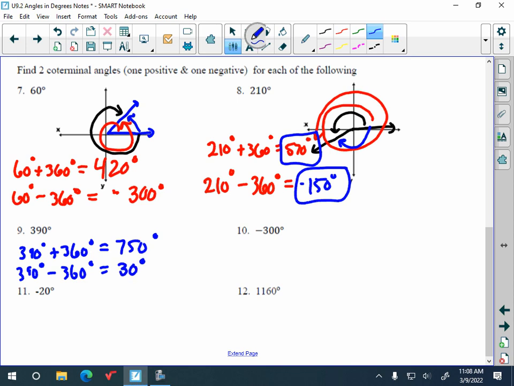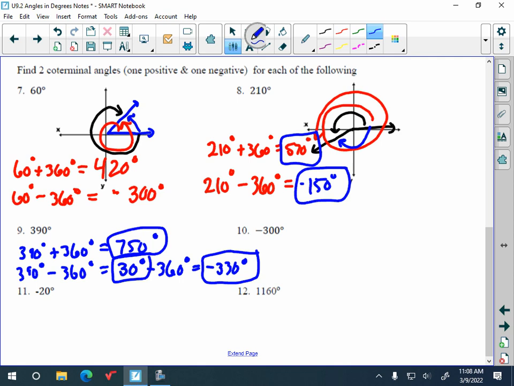That's still a positive one. So for the positive one, you could give 750 or 30, but we still need to get a negative. So we have to subtract off another 360 to make it negative. That would be negative 330. So negative 330 is our negative one. You could give 30 as your positive or 750. There's an infinite number of answers you can give. You just have to give one positive and one negative.